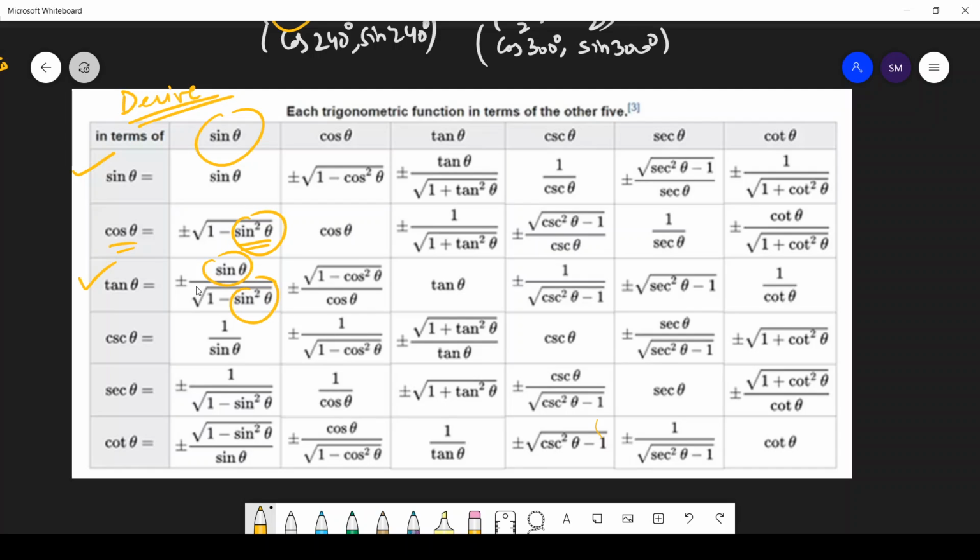You know sine theta, so put the value of sine theta, you get tan theta. Put the value of sine theta, inverse of it. So this is just inverse. So you need to find only 3. Okay, even only 2.